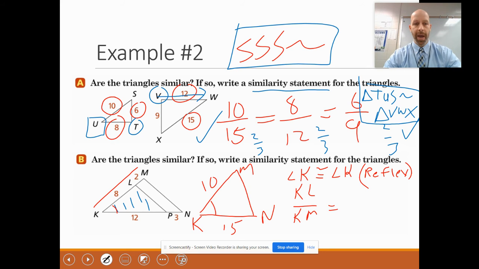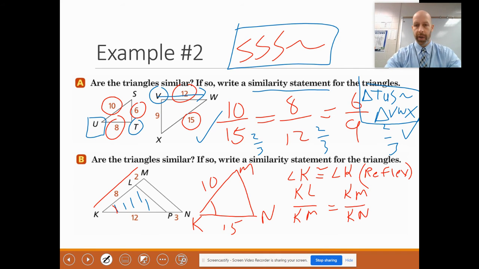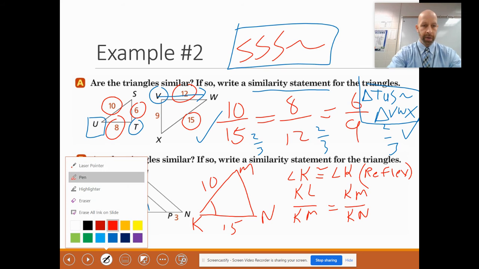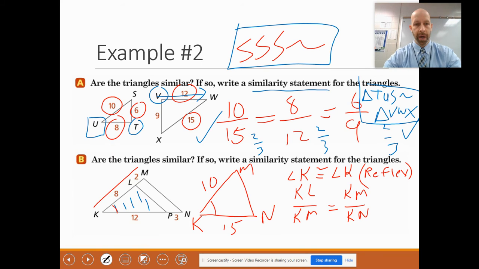We're going to see if KL is to KM over what, KN. All right, so let's go ahead and put in some numbers here. Let's do that in a different color. We'll just do that in light blue. KL is 8, and KM is 10. And then KP is 12, and then KN is 15.